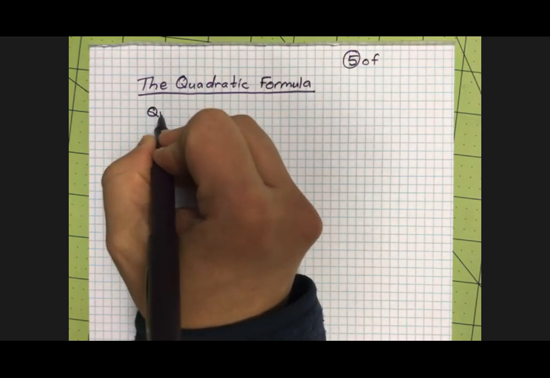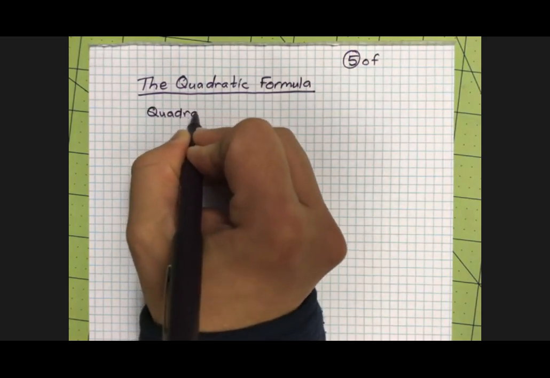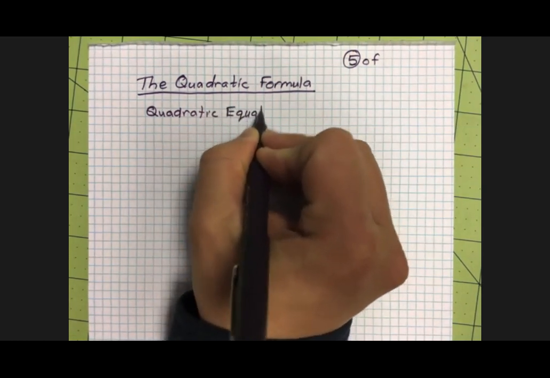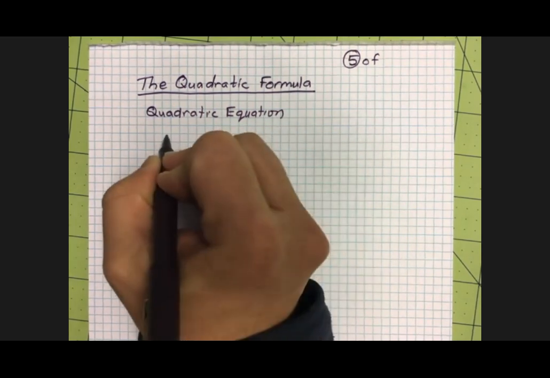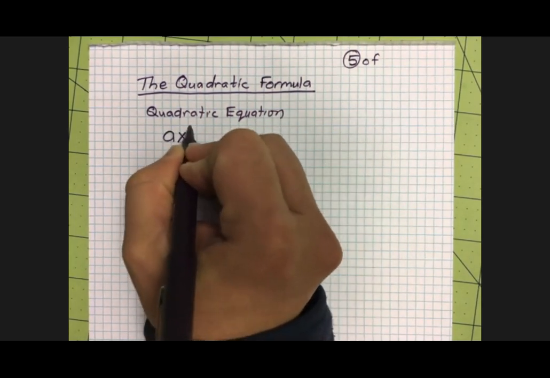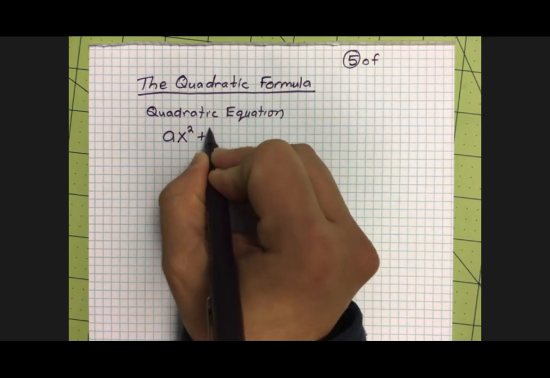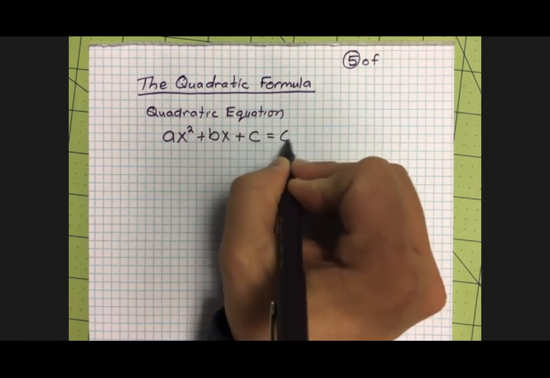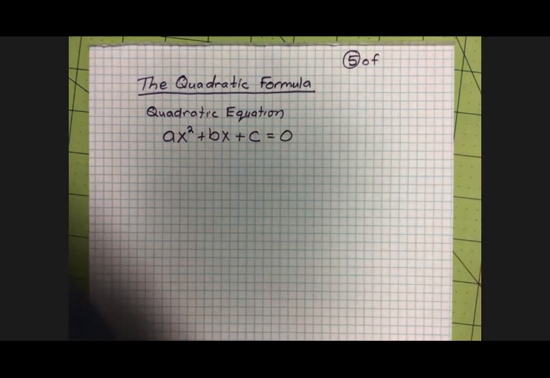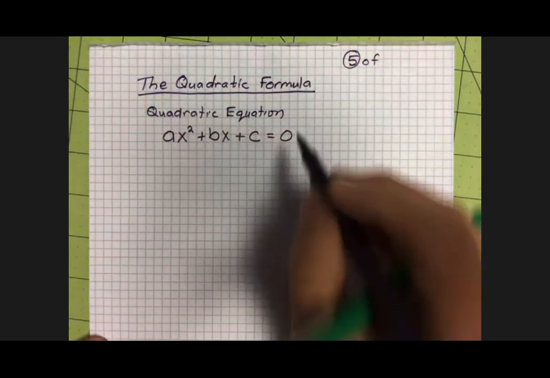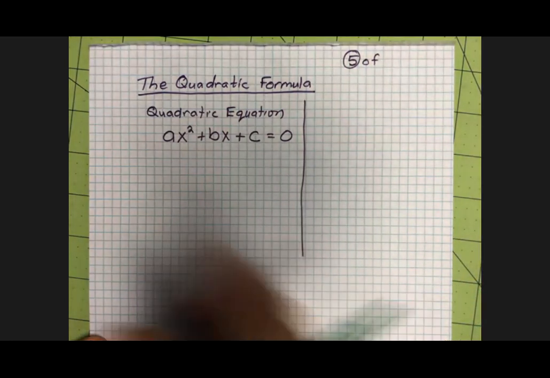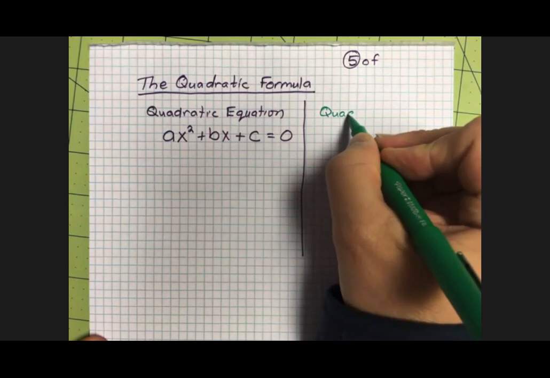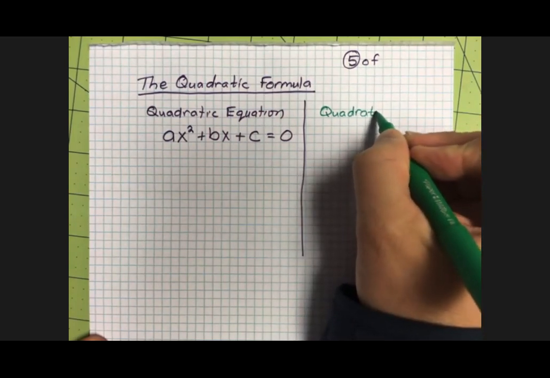If you have a quadratic equation that someone hands to you, and that means anything times x squared plus anything times x plus any other number equals 0, then there's actually a formula that solves it for you automatically. But it requires practice and it requires care.